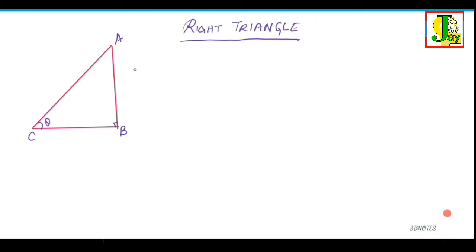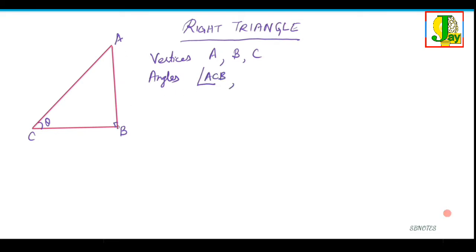So we can write what are the vertices. There are three vertices A, B, C. Angles. So there are three angles again. One is theta, that's angle ACB.